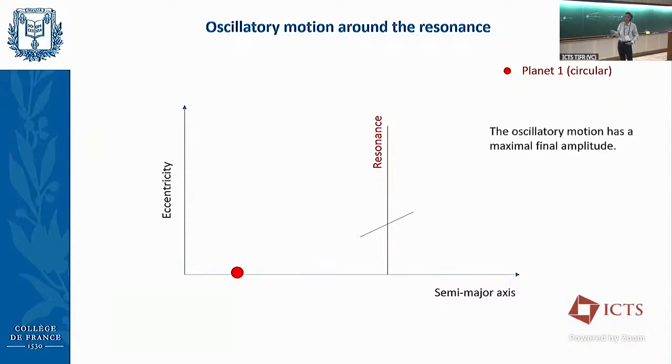Now, this oscillation can have a maximal amplitude, and this is understandable because if you are too far from resonance, then the configurations of minimal approach are all over the place, and the effects don't accumulate. So there is a maximal amplitude of oscillation around the resonance.